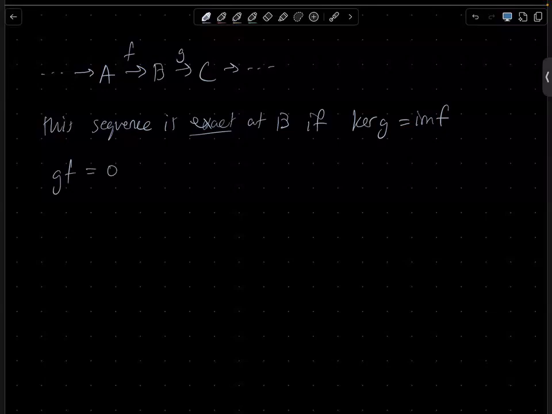That is also true. And we say more generally that the sequence is exact, or call it an exact sequence, if this is true at every module, if you have exactness at every spot in the sequence.